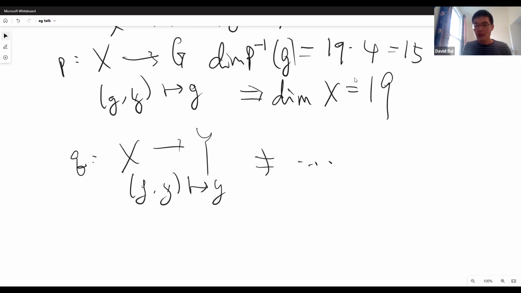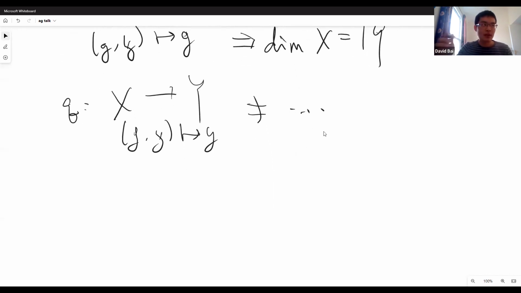And I'll just mention a last thing. If you think about this dimension argument a little, you'll find that this is pretty precise. This all just relies on this 19, and this also has dimension 19. What if it doesn't?